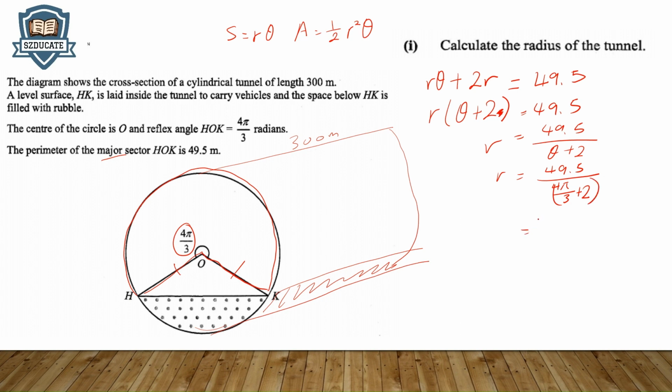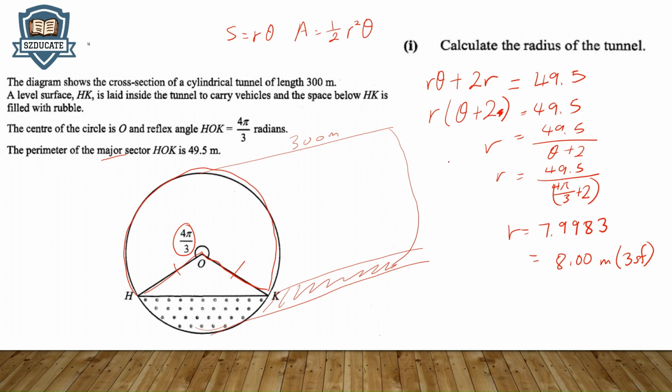And you should get your radius to be 7.9983 if we take 5 SF. Round off to 3 SF, it's 8.00 meters. For 3 SF, please do not put 8, because then it will not be 3 SF. It must be 8.00 to satisfy 3 SF.